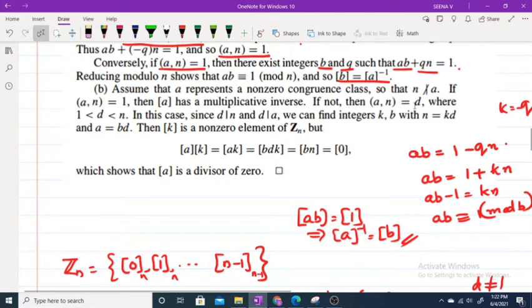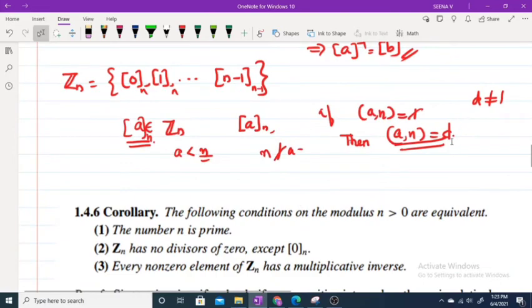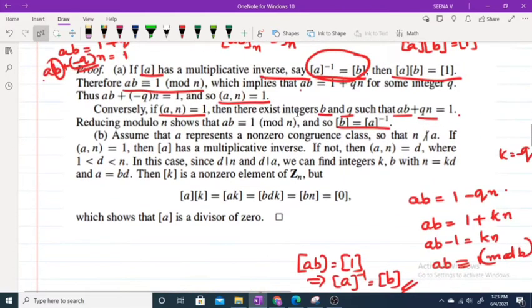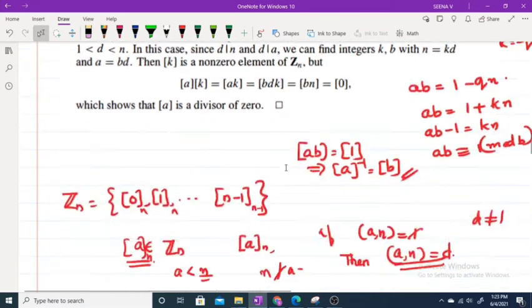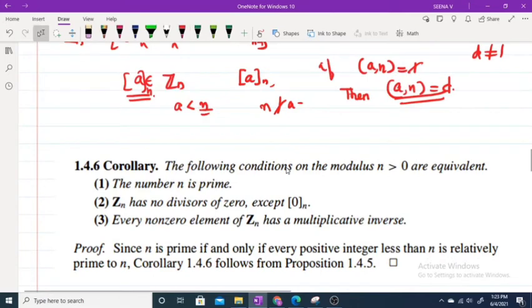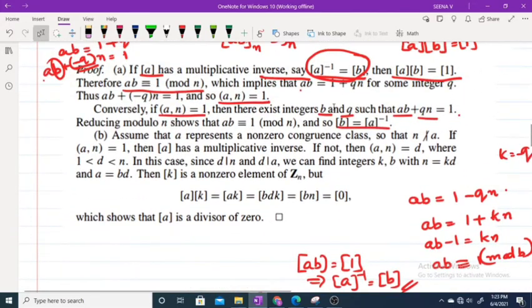If GCD of a and n equals d, where 1 is less than d and d is less than n, in this case, since d is the GCD, d divides both n and a. So d divides n means n is equal to some k times d. Similarly, a is equal to some b times d.